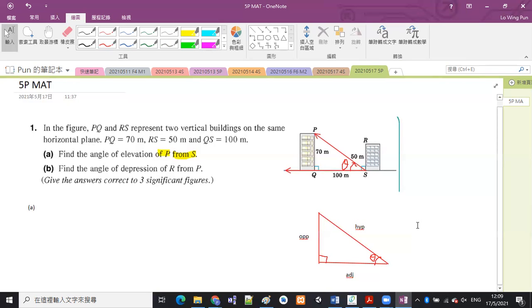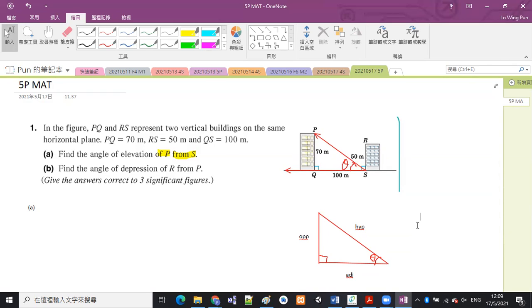This is the opposite side for theta, the corresponding side of theta. The hypotenuse is the corresponding side of the right angle, and the adjacent side is the side between the right angle and theta.